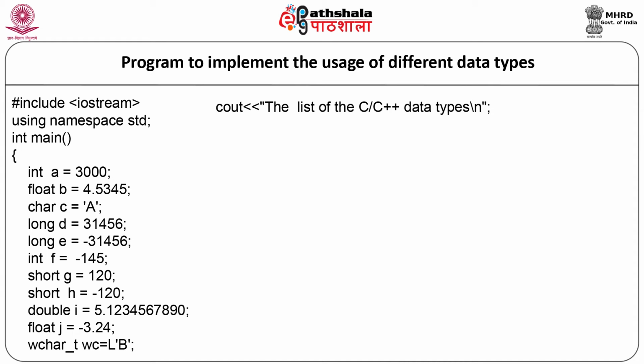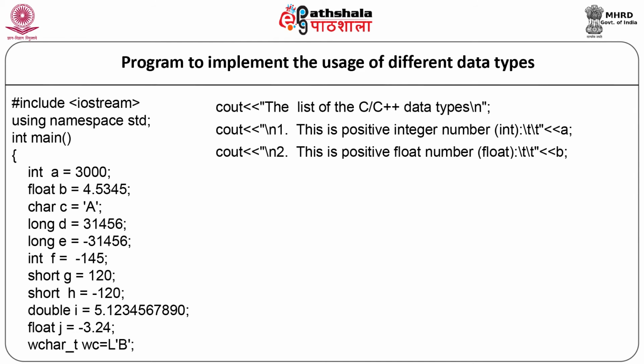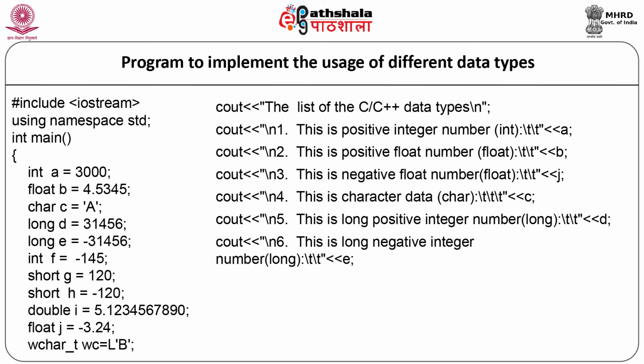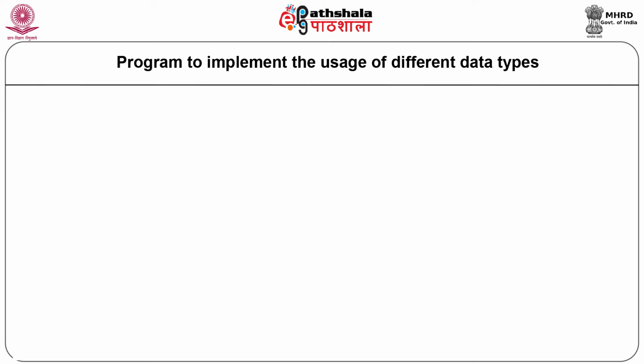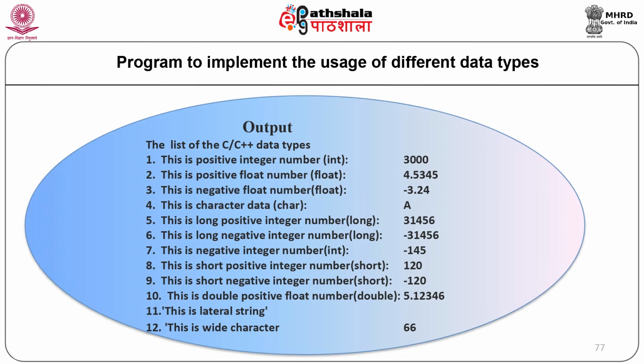Now we will display the messages such as the positive integer number is A, the positive float number is B and so on. When the above program is compiled and executed, it will display the values as positive integer number 3000, positive float number, the float number value and so on, till the last wide character value 66.